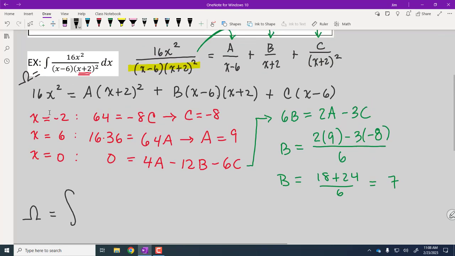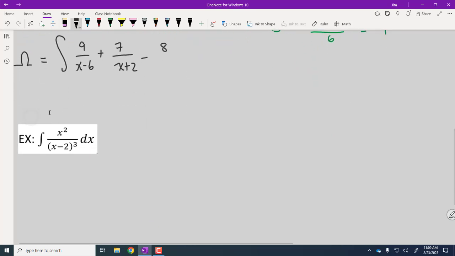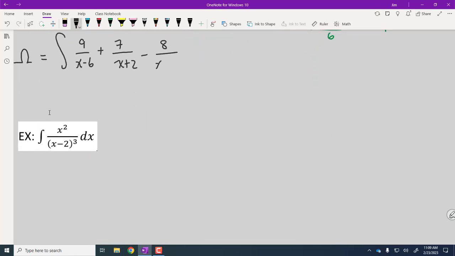We solved for a and had 9, so it's 9 over x minus 6, and then b, which is 7, divided by x plus 2, and then for c, we had -8, so -8 over x plus 2 squared, dx. So that is an integrand that's way more integrable than that first gnarly fraction.